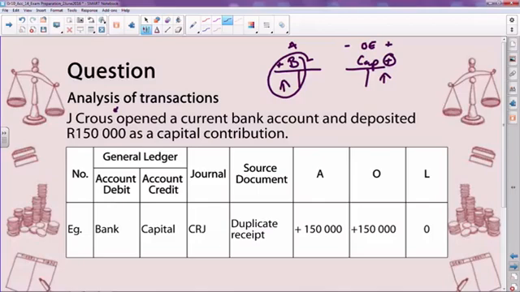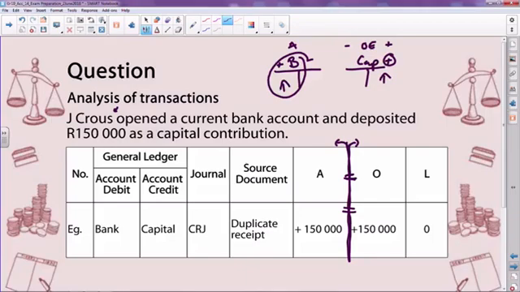And then always check. I always like to draw a nice thick line here to show that I have an equation and it needs to equal on both sides. So if I go and look on the left-hand side, it's plus 150, and if I look on the right-hand side, it's also plus 150, and this is now in balance. 150,000 on the debit, 150,000 on the credit, and therefore I'm in balance.